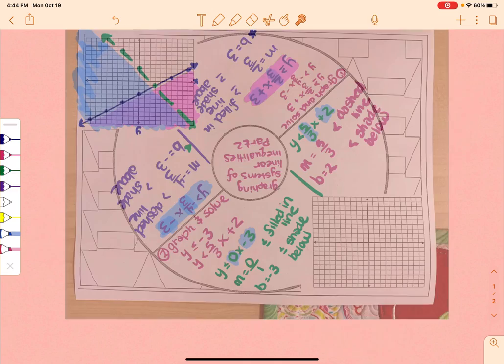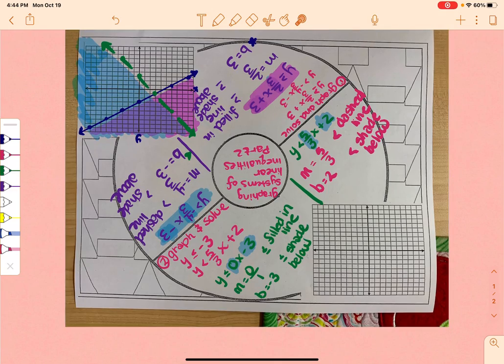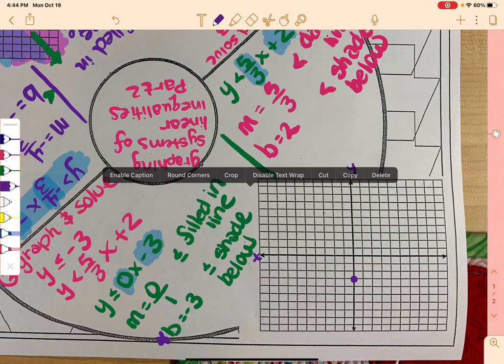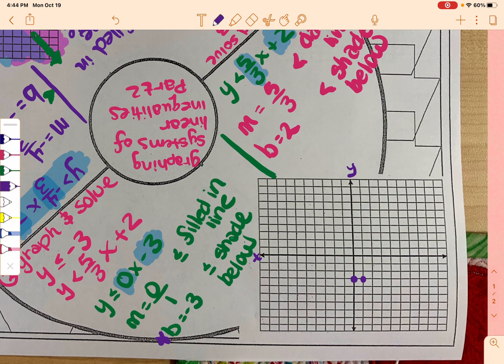Okay, so hang on, I'm just going to turn it so I can graph here. So here's my x and y, and remember I start with my b value, so -3. Now if my slope is 0/1, that means I don't go up at all, but I go over 1. So it should look like this. Now that should make complete sense because if the slope is 0 and the slope tells how the height is changing with your line, the height never changes.